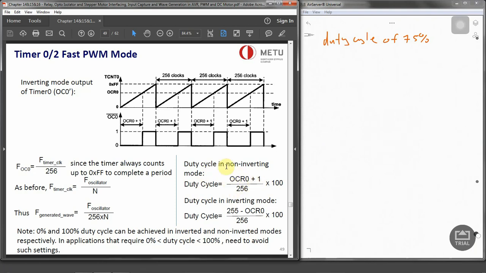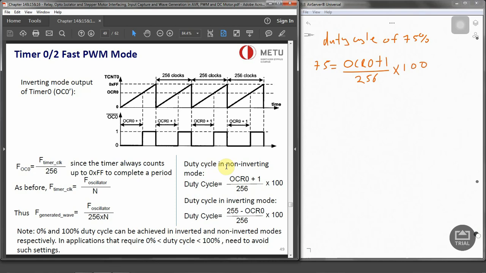So that means we need to rearrange the equation. Now 75 equals OCR0 plus 1 divided by 256 times 100.